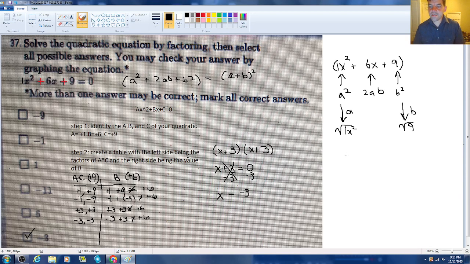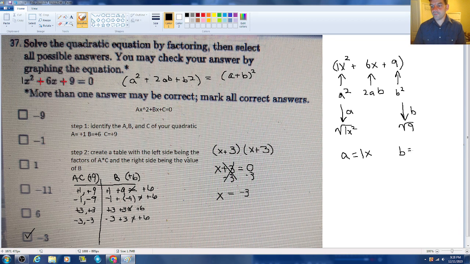So my a is going to be the square root of 1x squared, which is just 1x, or x, and b is going to be the square root of 9, plus or minus 3. So b equals plus or minus 3.